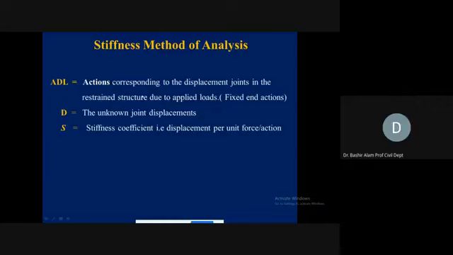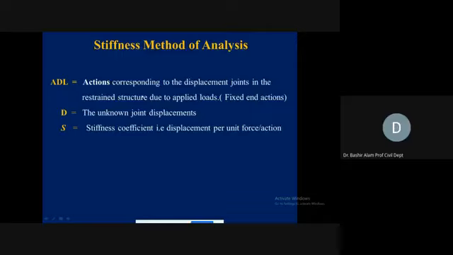In the case of the flexibility method, it was very hectic. How was it hectic? Look, if you need to find the displacement corresponding to the redundant action, you need to apply the unit load there, then draw the conjugate beam. We were using the conjugate beam method there. So conjugate beam, then loading the conjugate beam with the M over EI diagram.